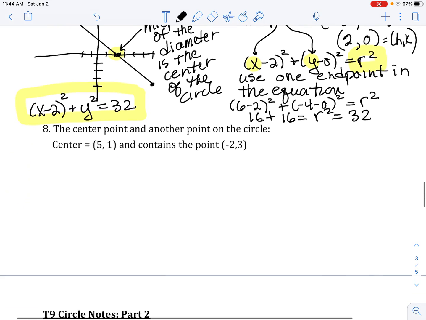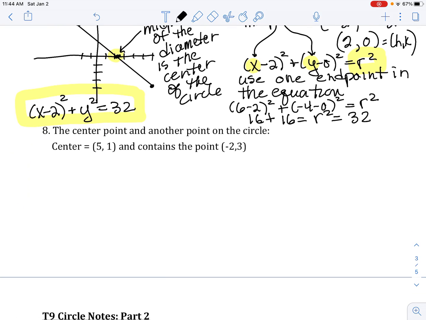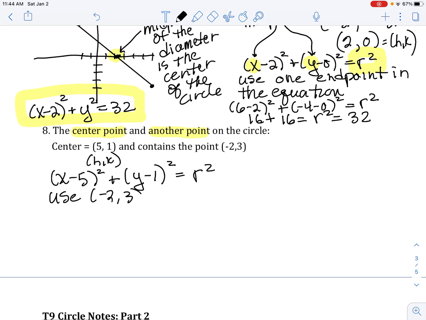All right, last one. We have the center point and another point on the circle. All right, so we already know our (h, k) right there. So we know that we're going to substitute that right away in. So x minus 5 squared plus y minus 1 squared equals r squared. Now we're going to use (-2, 3) for (x, y) in the equation.